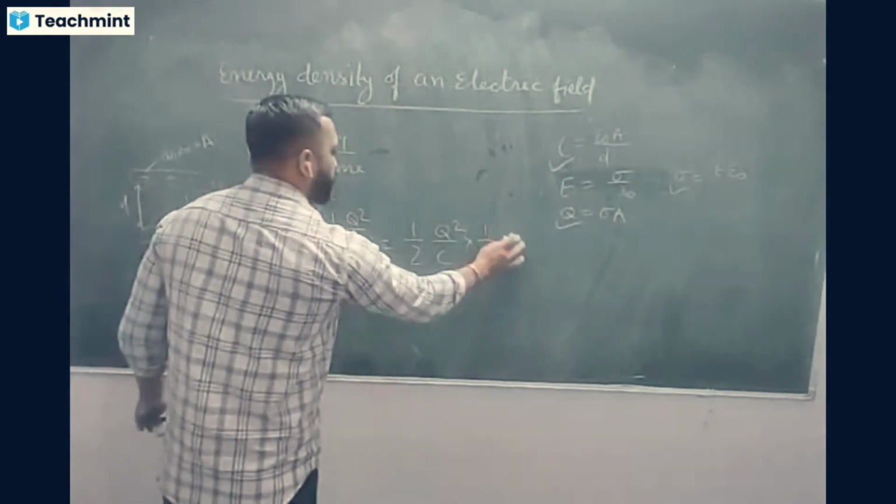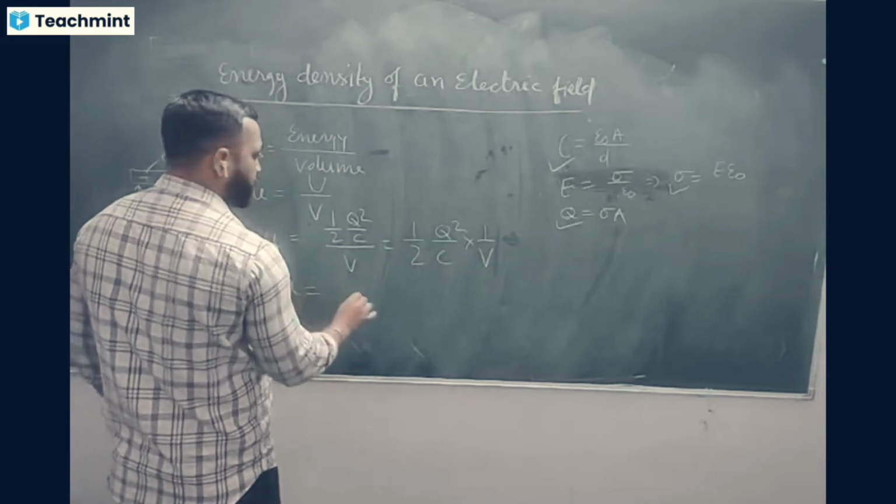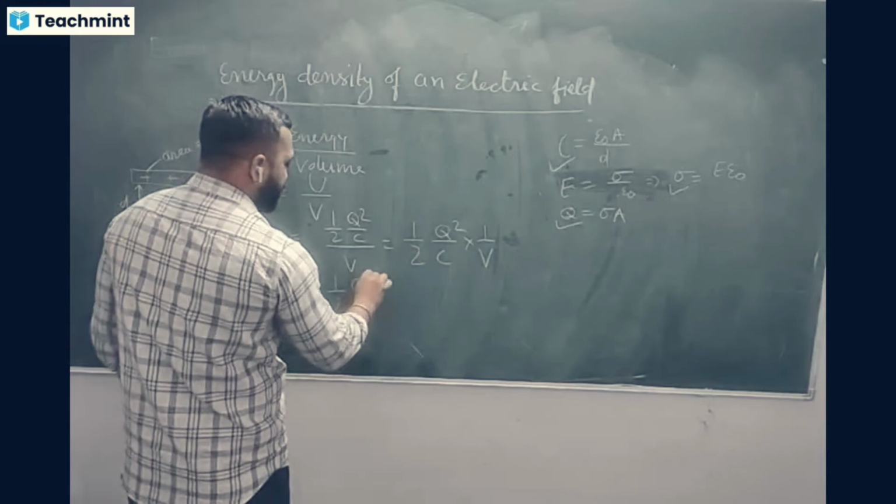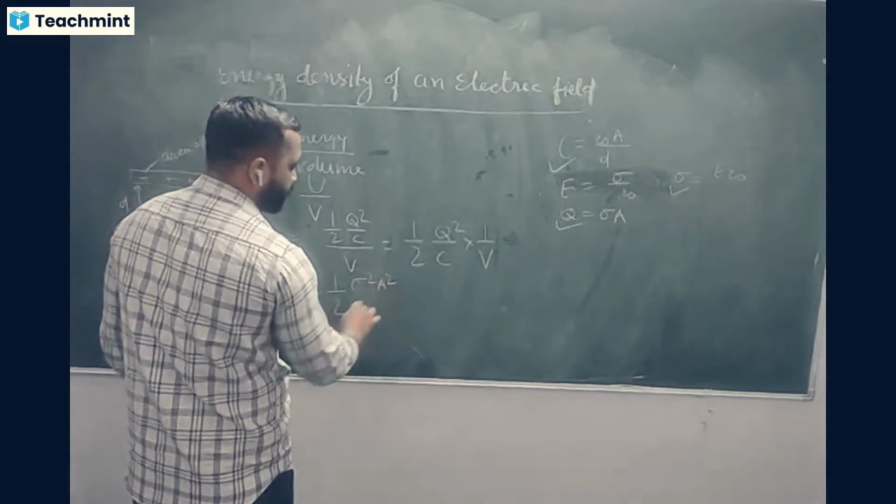If we put all the values over here, the energy density will be: half will remain the same. Instead of Q square we can write sigma square A square.